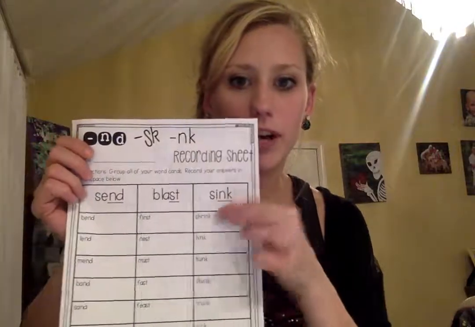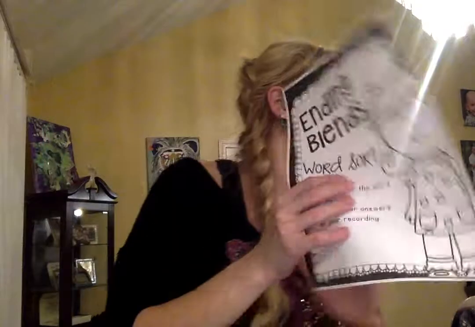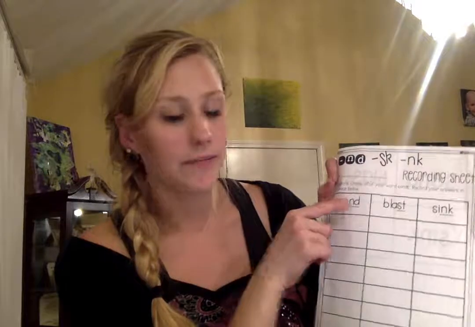You would sort your word cards and find them, and then you would write them down. A harder one we could do, which I don't have right now, is perhaps for our higher students, to have sentences, and then they plug the right word or the right ending blend into the word.